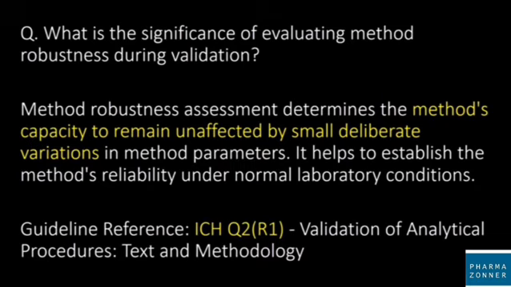Next question. What is significance of evaluating method robustness during validation? Method robustness assessment determines the method's capacity to remain unaffected by small deliberate variations in method parameters. It helps to ensure or establish the method's reliability under normal laboratory conditions. Guideline reference ICH Q2.